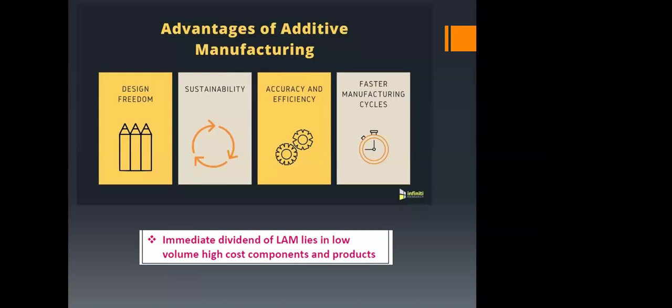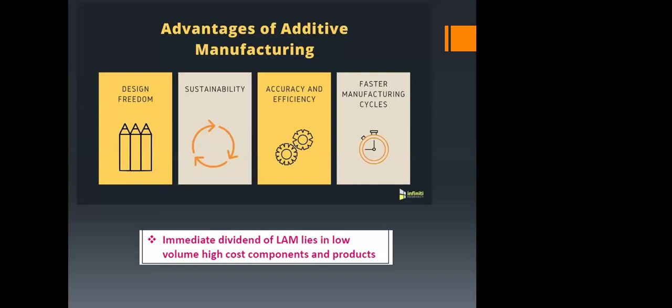If we refer to the design freedom, what it actually means: in the conventional machining process, as per the design we have made for a particular product, the machine parameters will be set, and according to the design they will make the part.